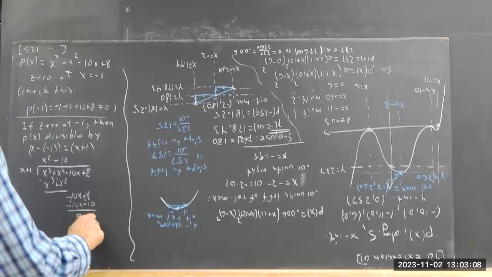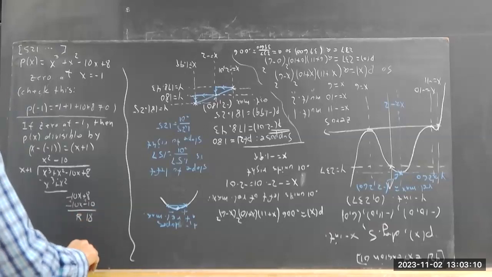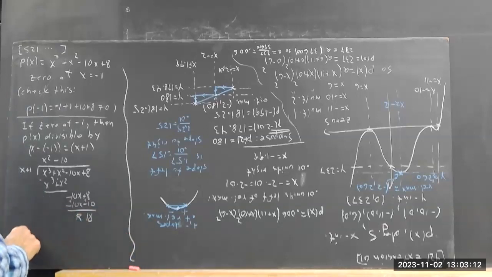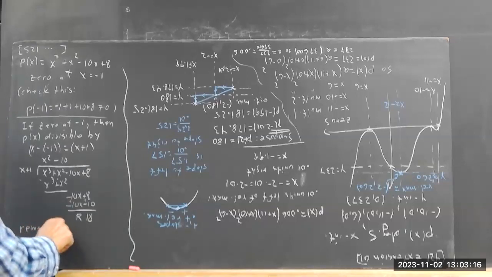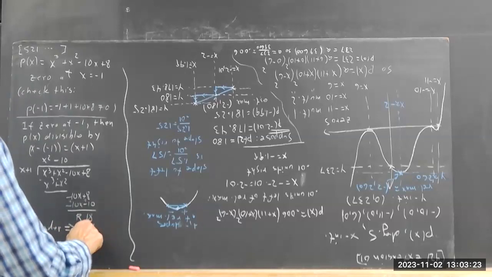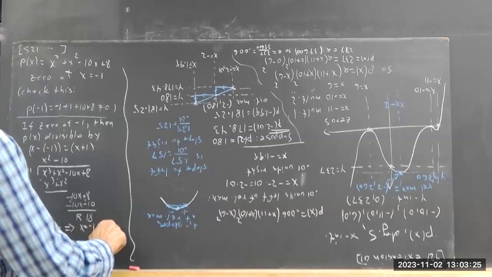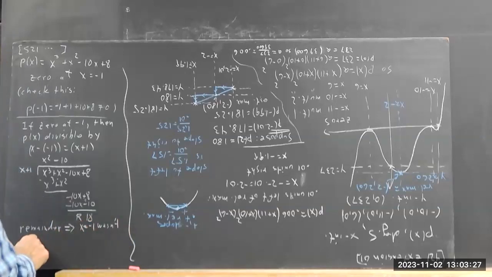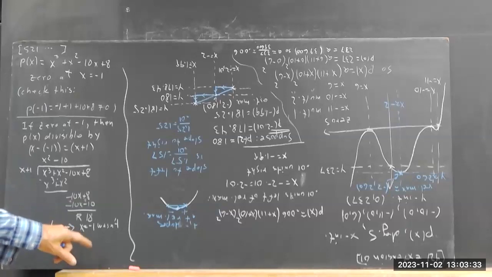And we get a remainder of 18. Remainder implies that this wasn't a zero.